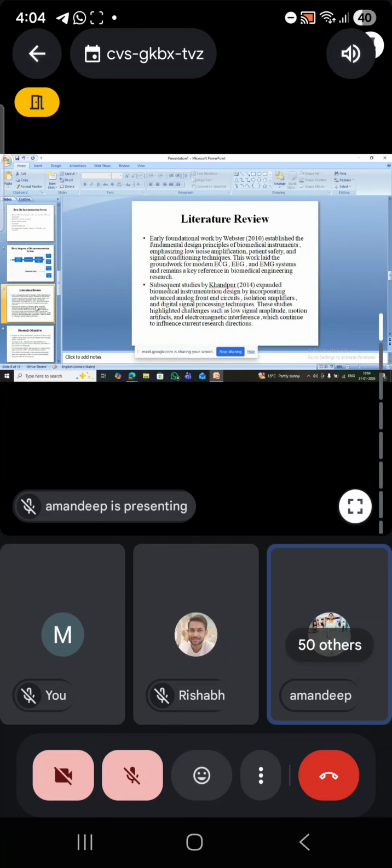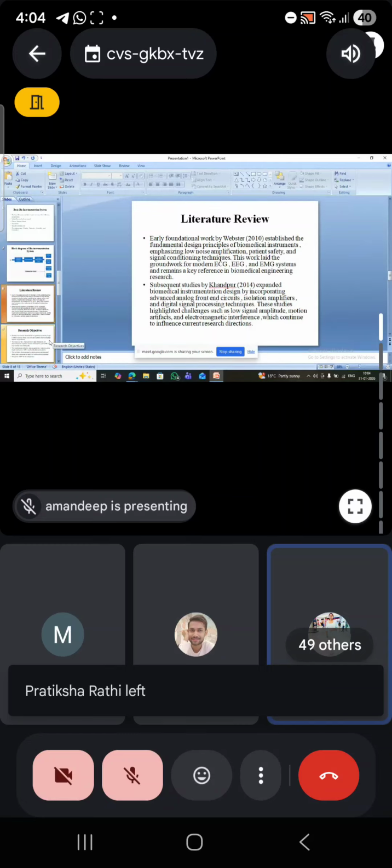Now, there is the literature review. Early foundational work by Webster established the fundamental design principles of biomedical instruments, emphasizing low noise amplification, patient safety, and signal conditioning techniques. This work laid the groundwork for modern ECG, EEG, and EMG systems.